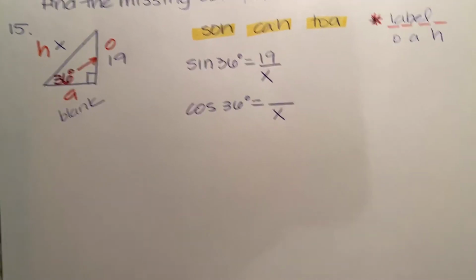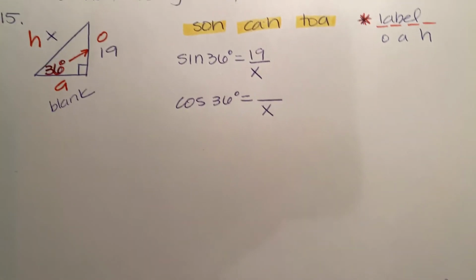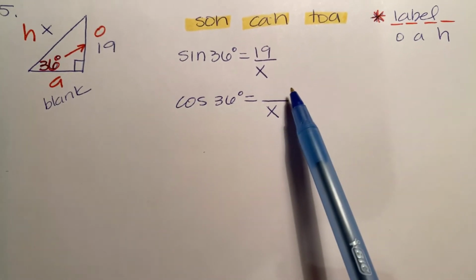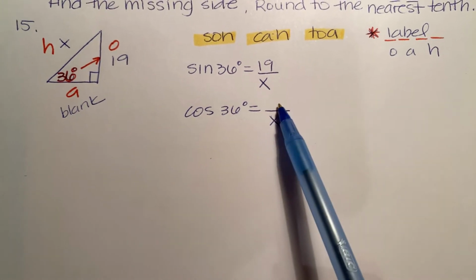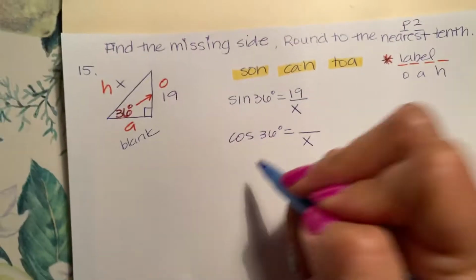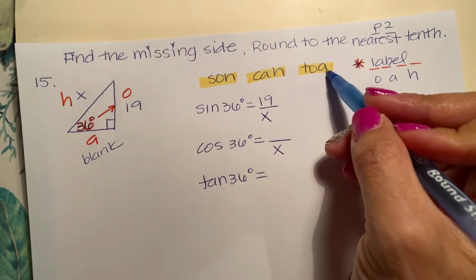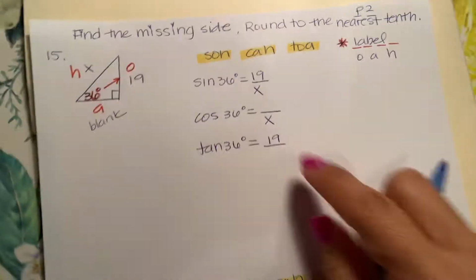How are you supposed to put a blank in the calculator? You can't. Remember, the calculator will do the work, but you have to input numbers. I don't have anything here. That's why it fails. Okay, let's write tangent. Tangent of 36 degrees is O over A, 19, and again, I have a blank.